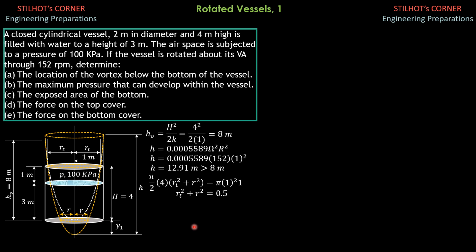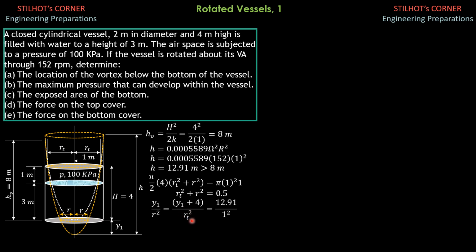Then we enforce the squared property of the parabola: r squared over y1 equals r sub t squared over y1 plus 4, which equals 12.91 over 1 squared. So r squared equals y1 over 12.91, and y1 plus 4 over r sub t squared equals 12.91.